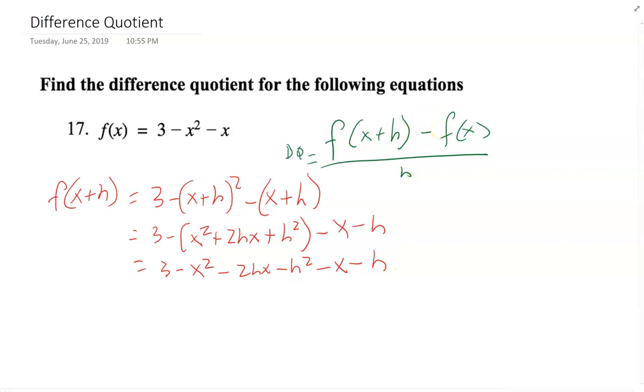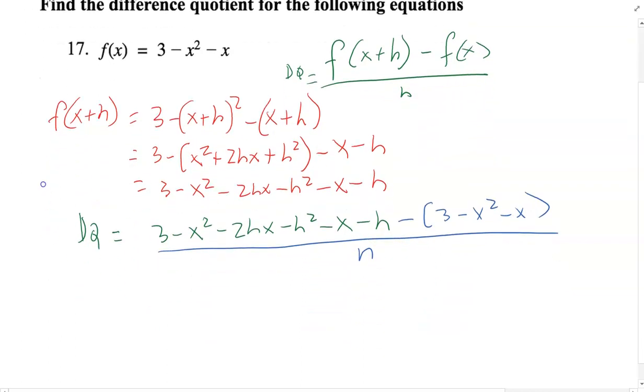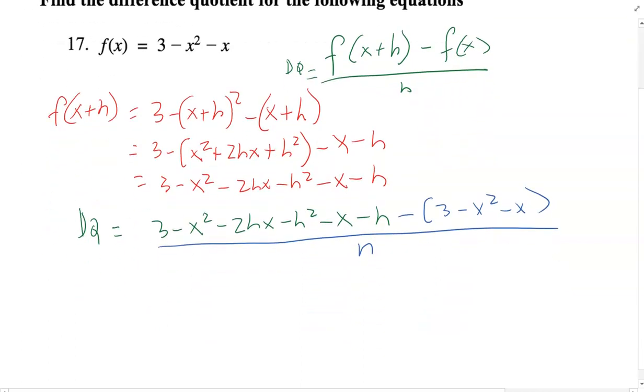So our DQ will be equal to 3 minus x squared minus 2hx minus h squared minus x minus h, and then minus f of x, and f of x will be 3 minus x squared minus x, and all of that will be over h.